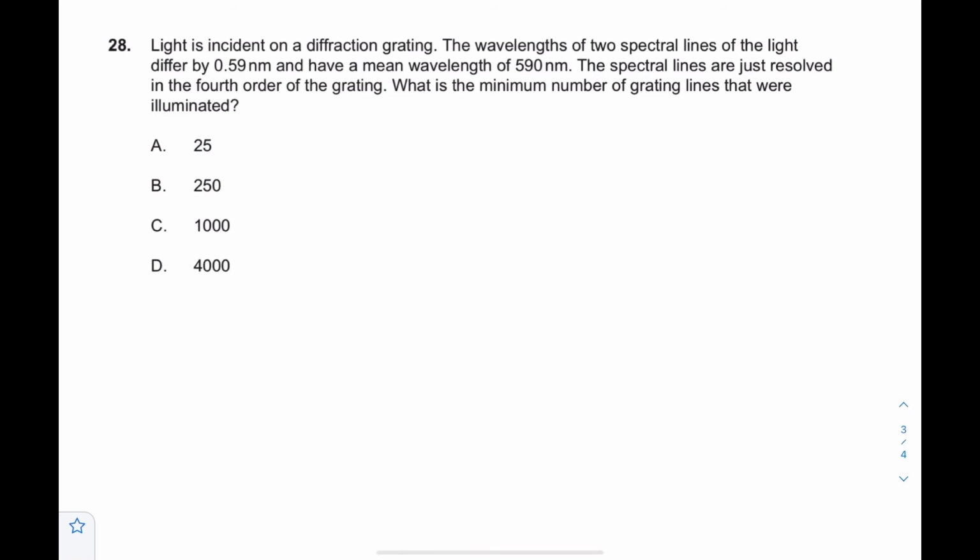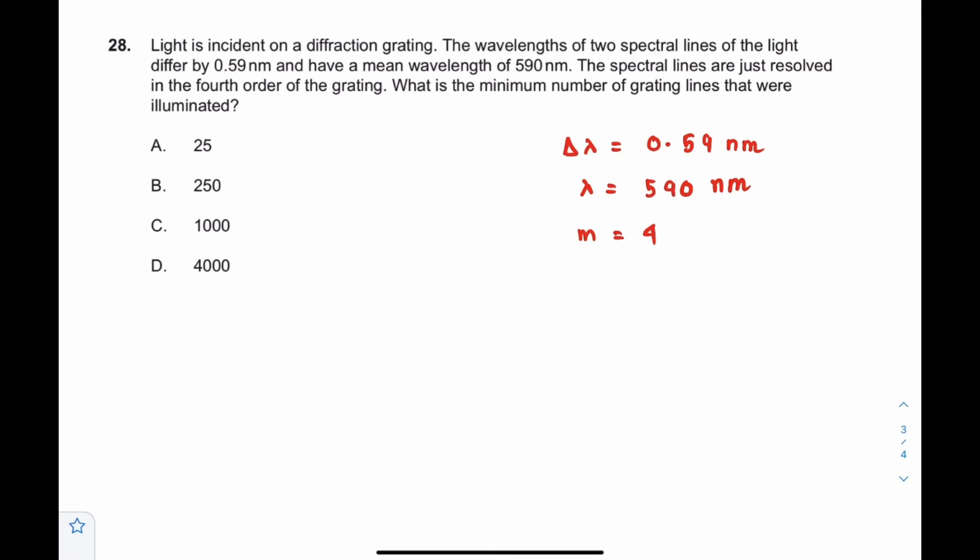So delta lambda is given in the question to be 0.59 nanometer, and they have a mean wavelength of 590 nanometer. So lambda is 590 nanometer, which is the mean wavelength. The spectral lines are resolved into the fourth order of the grating, so the value of m is given to be 4. What is the minimum number of grating lines that were illuminated?